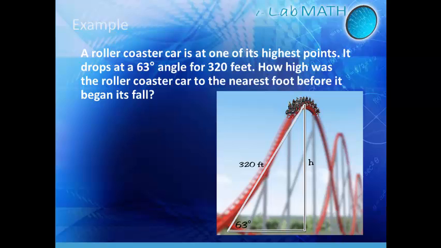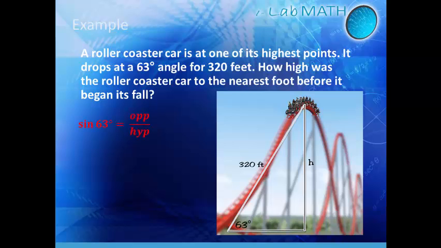Two sides are given, that is the opposite side, which is the height, and the hypotenuse, which measures 320 feet. What function are we going to use? That is opposite over hypotenuse. That is sine.